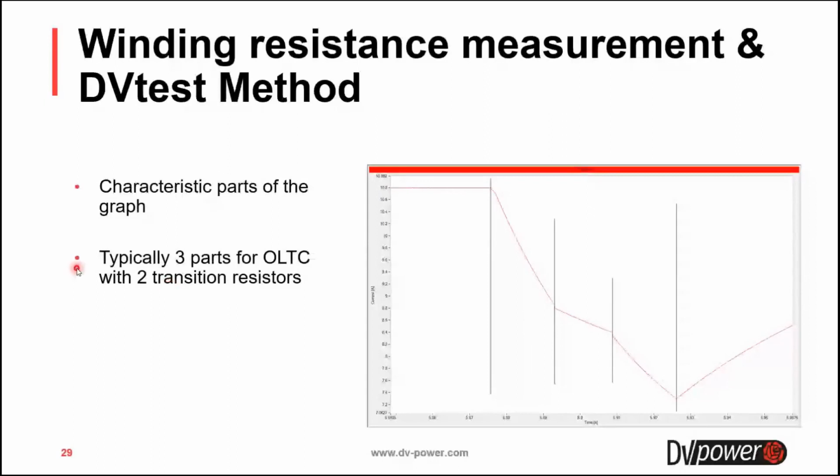Typically, 3 parts of an OLTC with 2 transition resistors will show on the saved graph. As you see on the previous slide, first is one resistor, second is when 2 resistors are in parallel, third is where the second resistor is in parallel, and this is when the transition is finished and current will be stabilized.